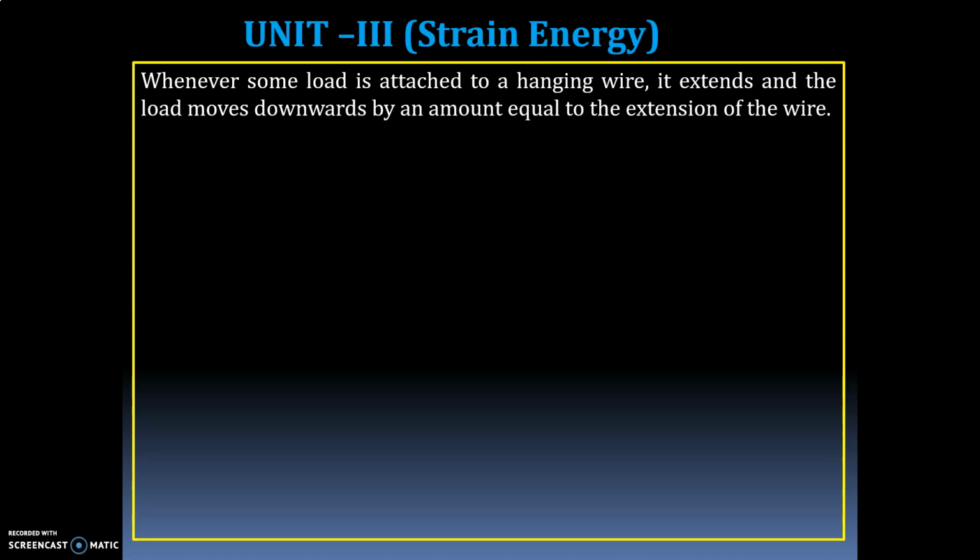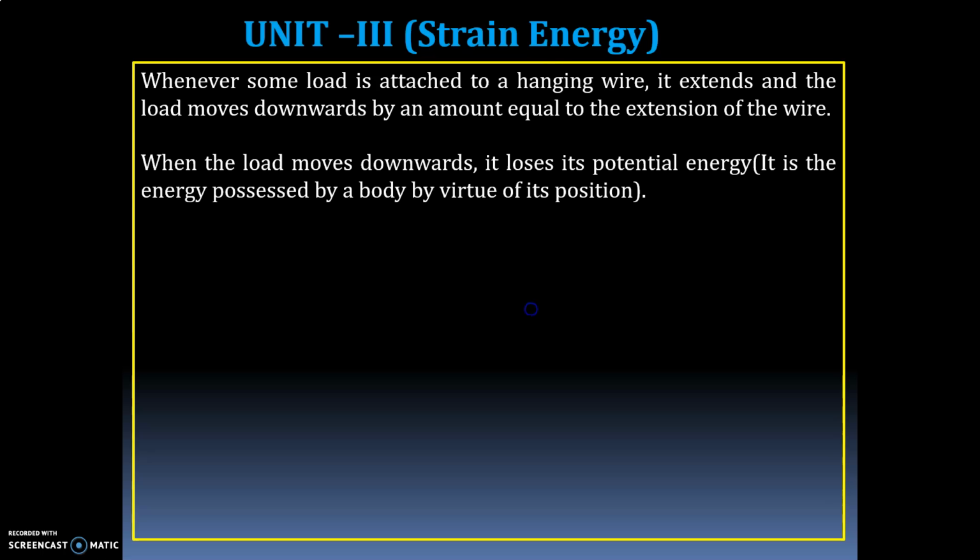When the load is applied to the hanging wire, it extends and the load moves downwards by an amount equal to the extension of the wire. When the load moves downwards, it loses its potential energy. What is this potential energy? It is the energy possessed by a body by virtue of its position.